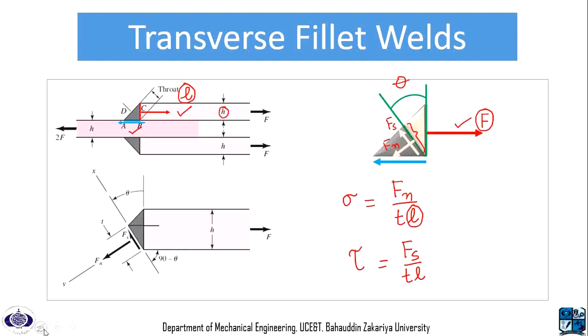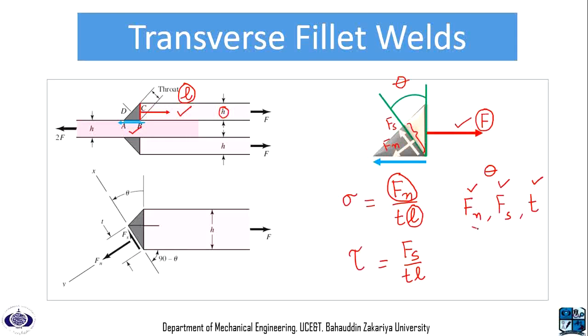However, the problem with these two formulae is that we do not have any concrete value for Fn, Fs or T, because if we change angle theta, the values for Fn, Fs and T will also change.